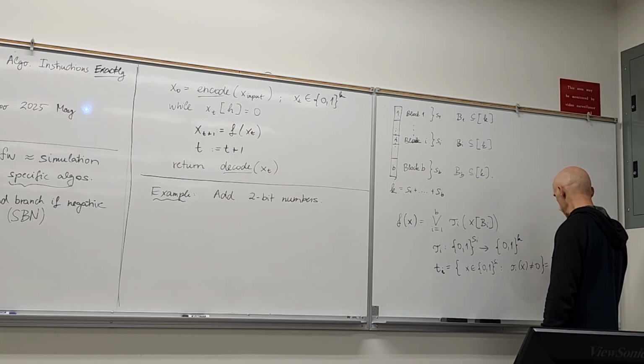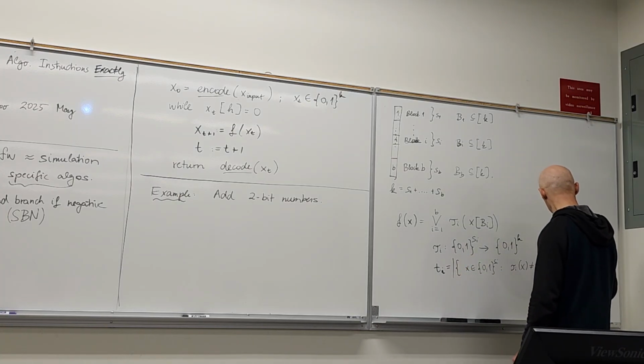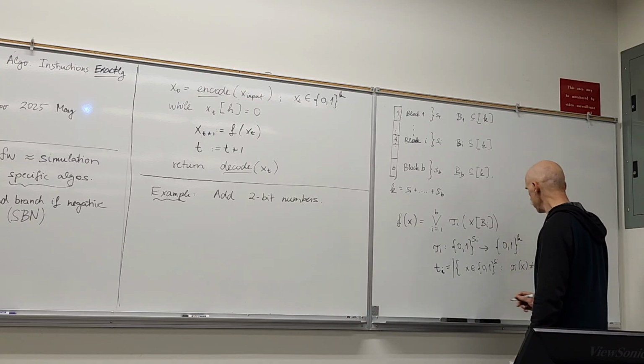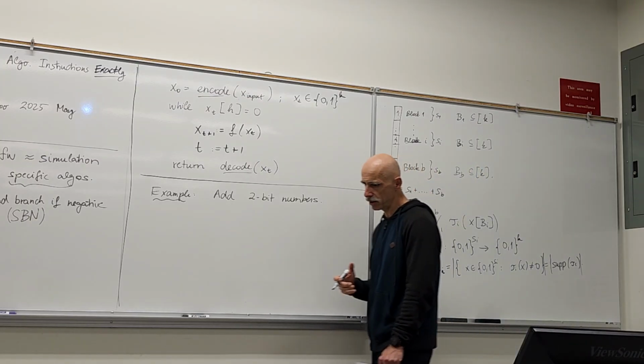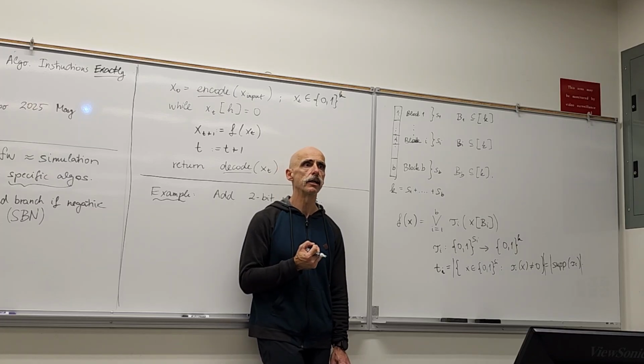This is the support of tau_i. T_i is the number of elements in the support, the number of times this function tau_i returns something non-zero. Okay? So this is the combinatorial structure that we're going to have.